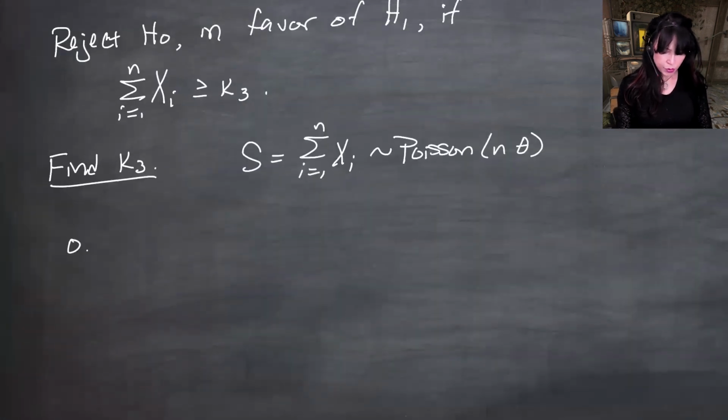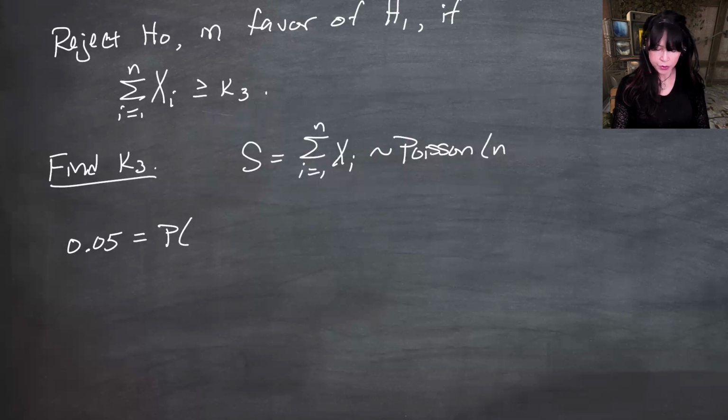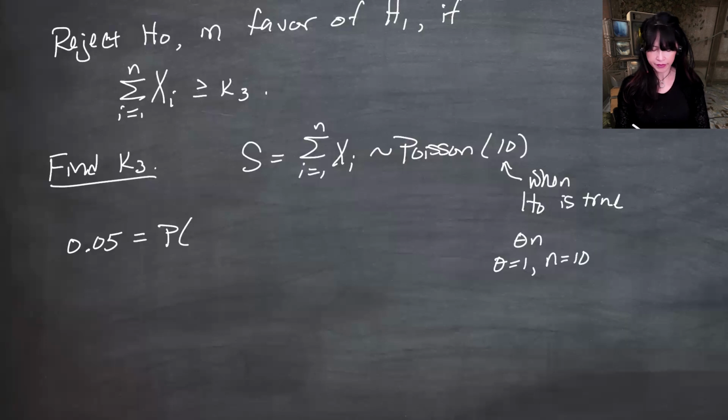So I want to get 0.05 as the probability that, I'm going to change this notation here, S has a Poisson distribution with parameter n times 1. n was 10. So parameter 10 when the null hypothesis is true. So all I did was take my theta n, but theta was 1 from the null hypothesis and n was 10 because that was our sample size.